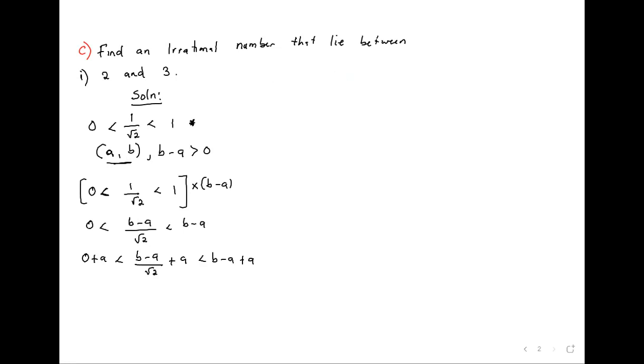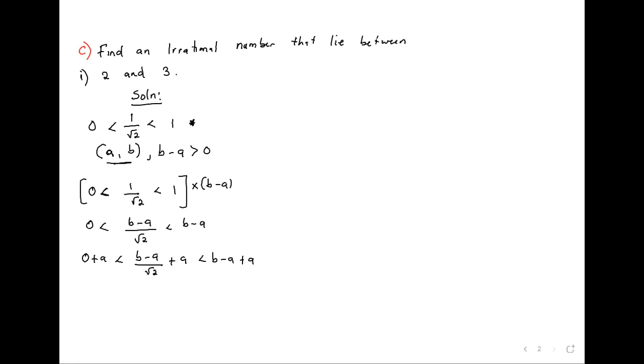We are trying to come up with an easy way of getting numbers in between two numbers. So we just went for 0 less than 1 over root 2 less than 1. And because we'll always be given an interval, two numbers, for us to find something in between, suppose I'm given these two numbers.